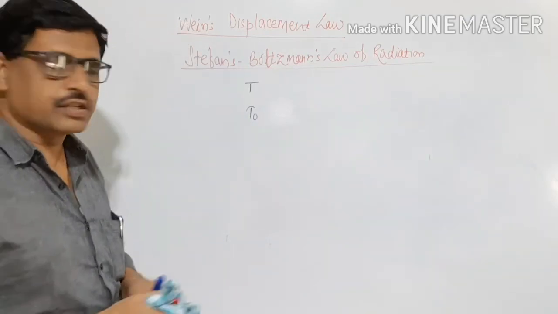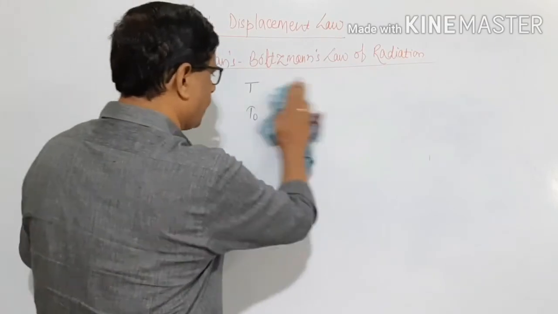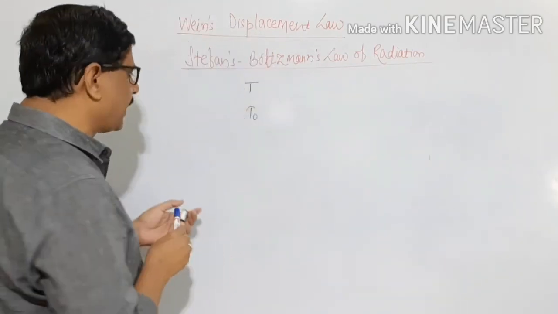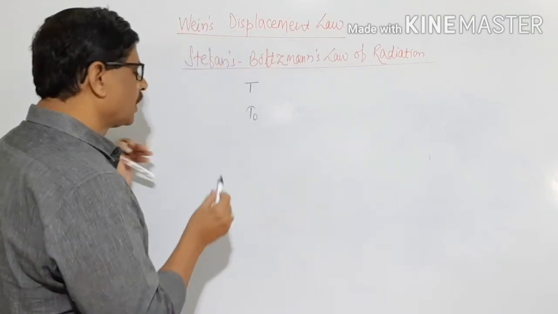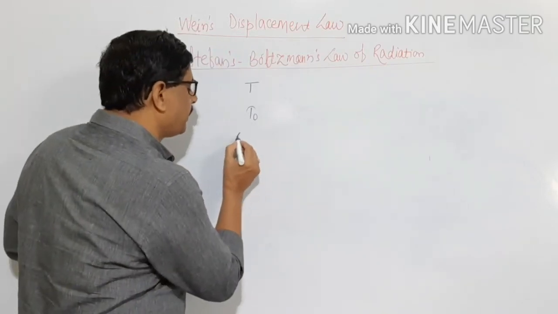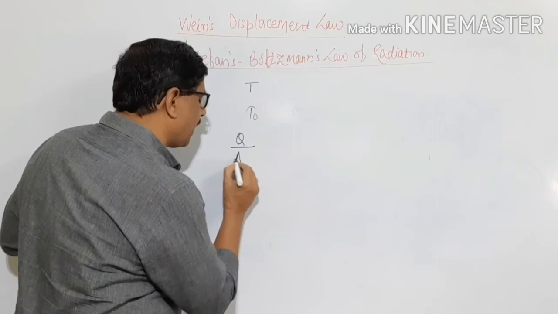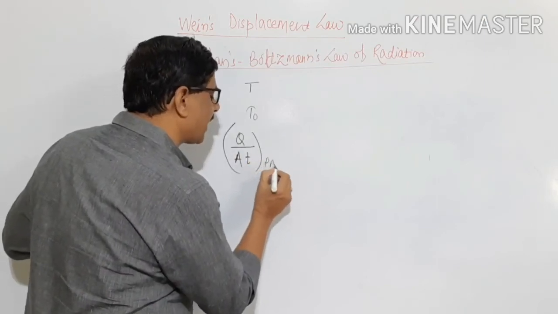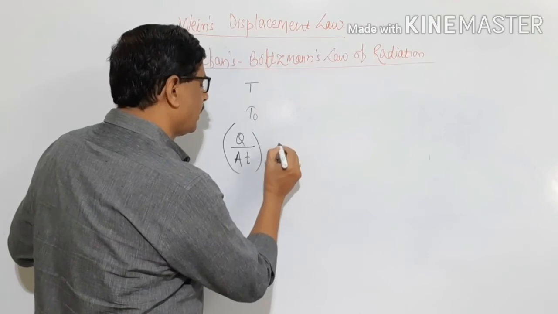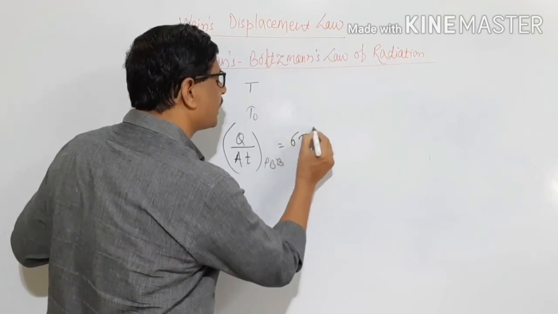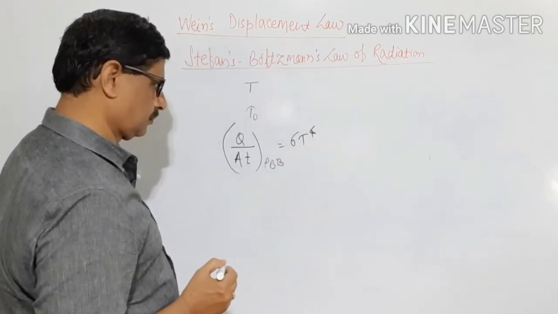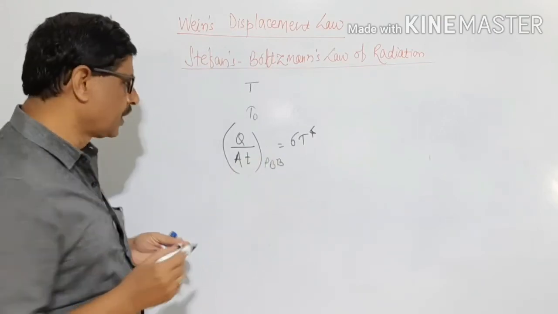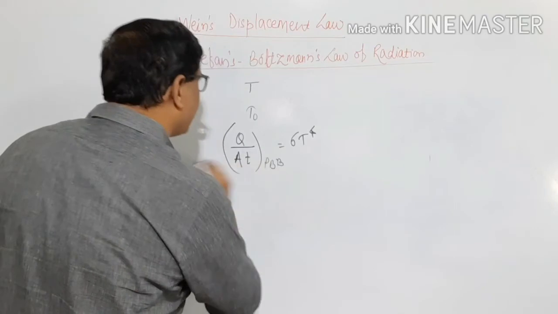By Stefan's law of radiation, the quantity of radiant heat emitted per unit area per unit time by a perfectly black body is equal to sigma T to the power of 4, where capital T is the temperature of the body. This is the heat emitted.